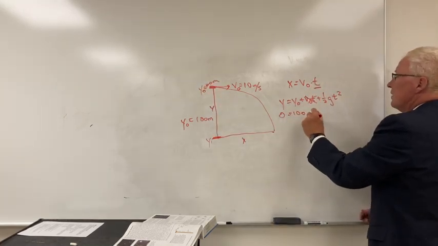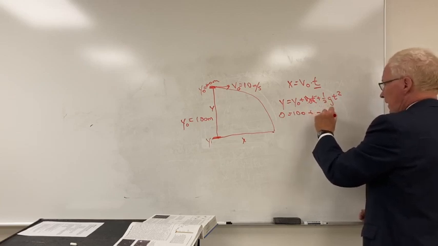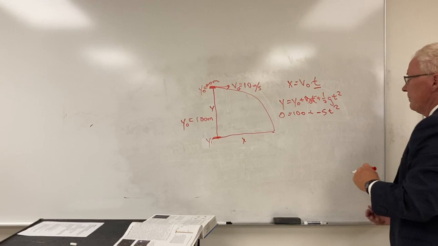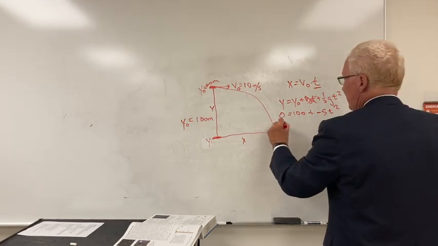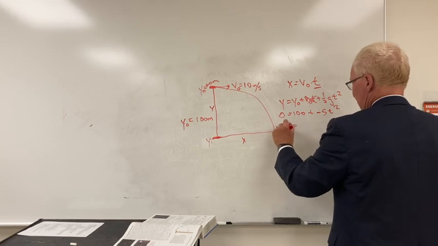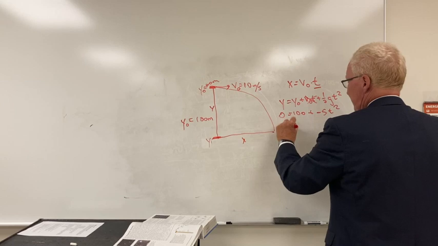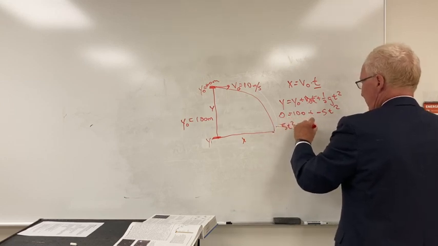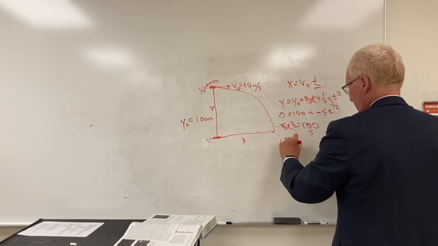V0 is 0 plus minus 5t squared, okay? So that would mean minus 100. We add it to the other side. We end up with 5t squared equals 100. Divide both sides by 5, so t squared is 20.